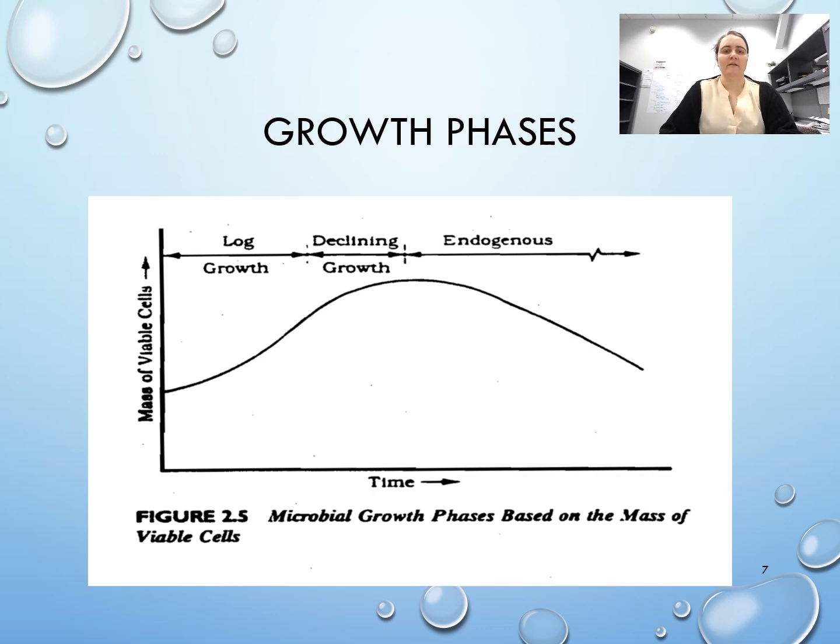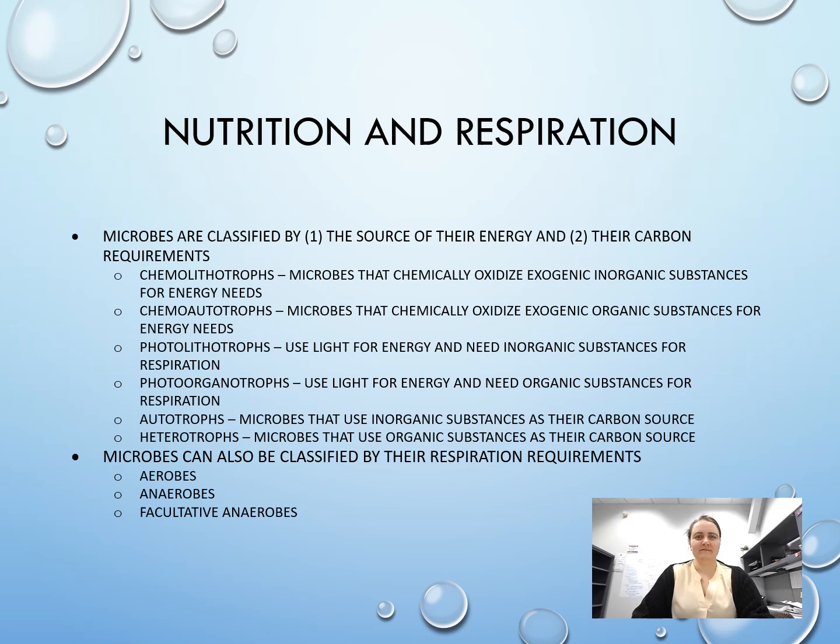And we want to be in that phase where the log growth phase may be just tipping into declining growth, but we don't ever want to get to the endogenous decay point in this particular graph when we're designing water and wastewater treatment.